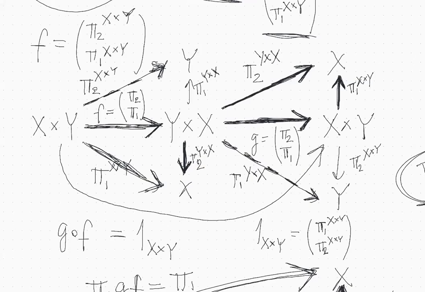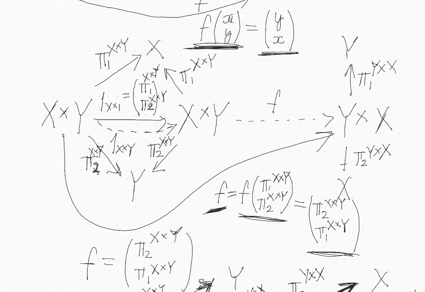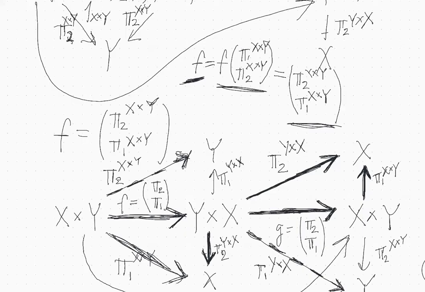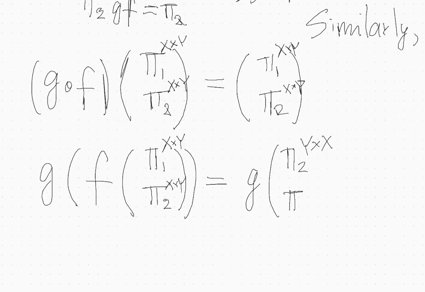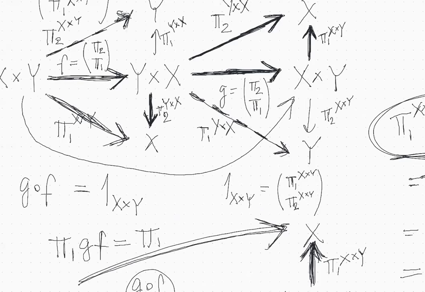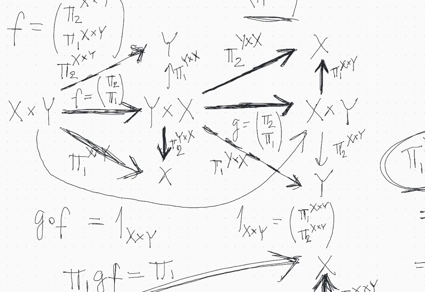Where here is identity, where is f? I think it's pi2 x cross y, pi1 x cross y still. Not y cross x. You agree? I'll need to check again, but I would have thought that it's g of pi1 y cross x, and then the second row pi2 of y cross x. But I'll double check now.